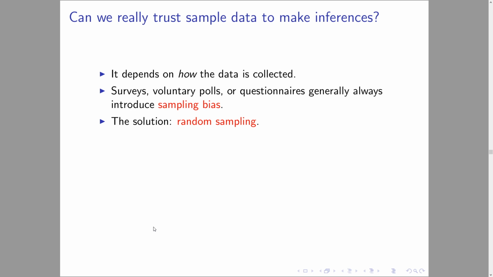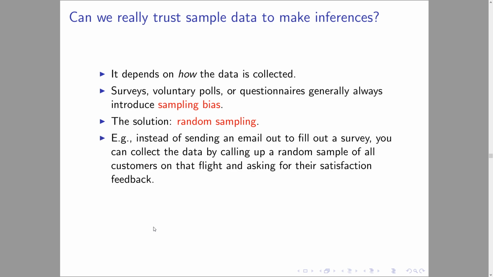So with the airline satisfaction example we gave earlier, instead of sending out an email to fill out a survey regarding your customer satisfaction with the flight, you could collect the data by calling up a random sample of customers on that flight and asking them for their satisfaction feedback. And the reason this reduces sampling bias or almost effectively removes it is because every single customer now on that flight has an equal chance of being picked.